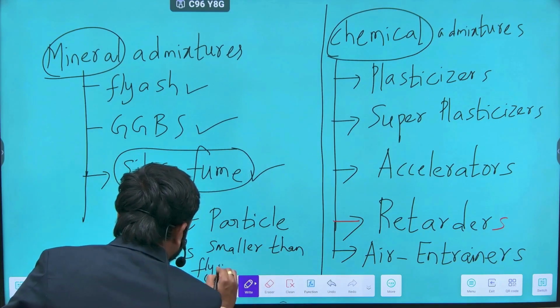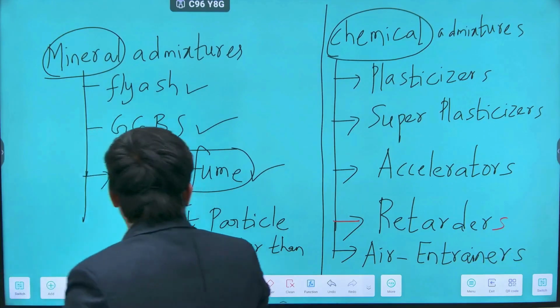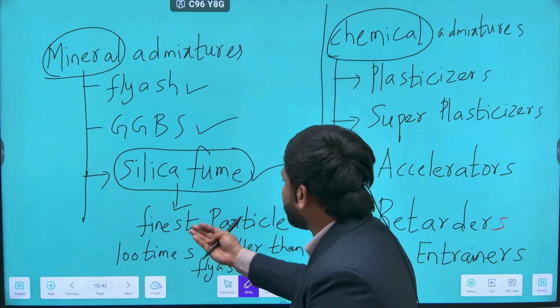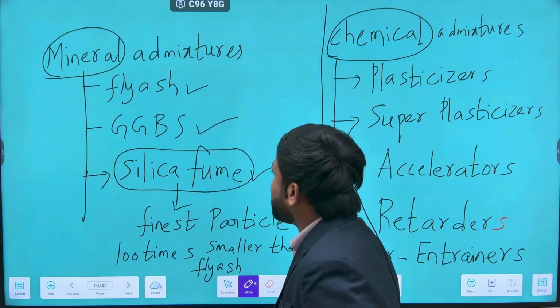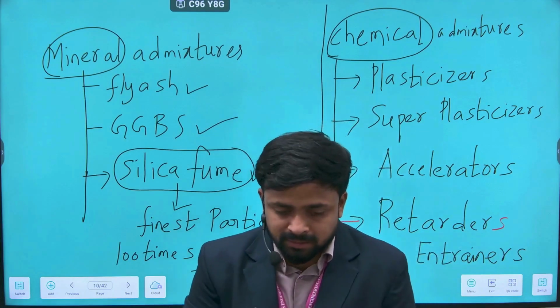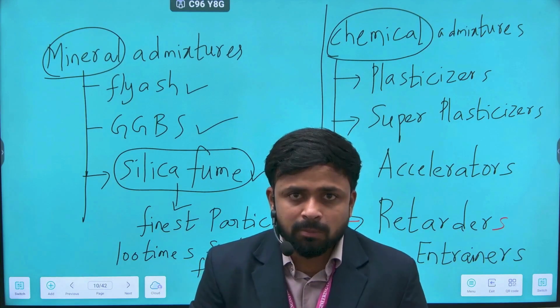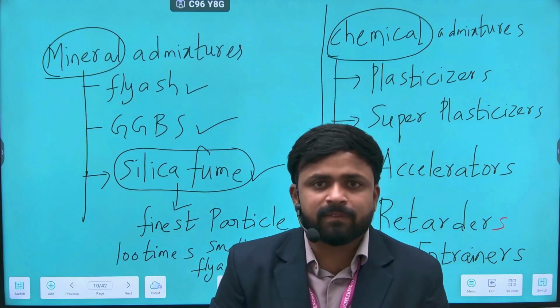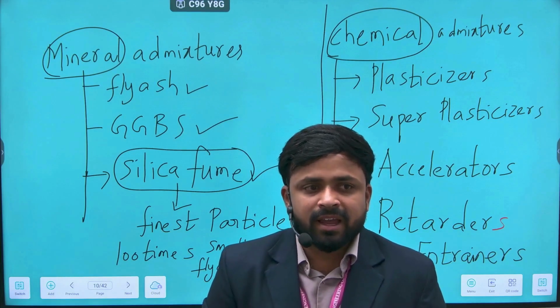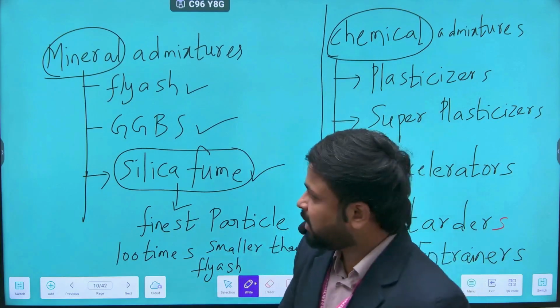So what is the use if it is the finest particle? If it is the finest particle, the specific surface area is more, the coverage is more, the bonding is more. It will surround and bind the particles effectively.